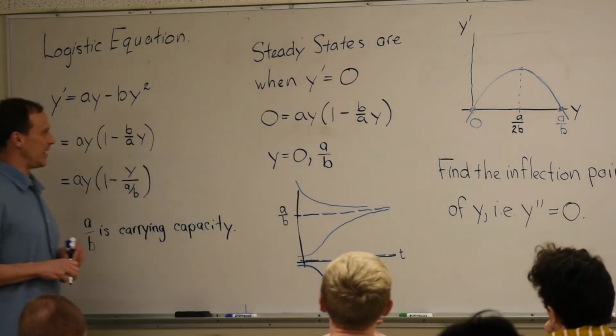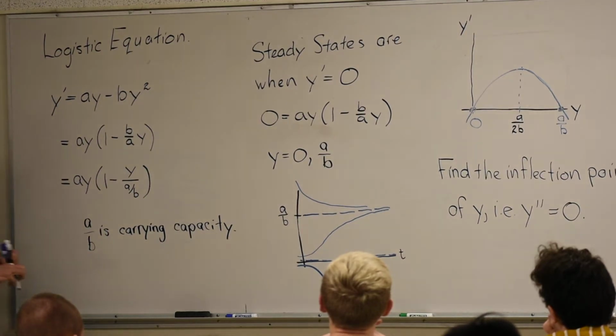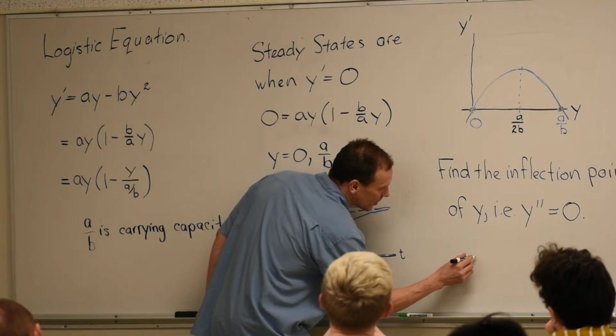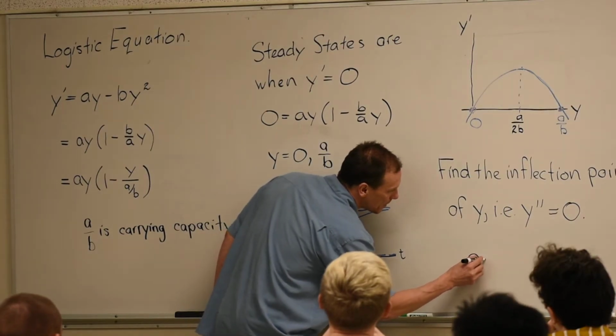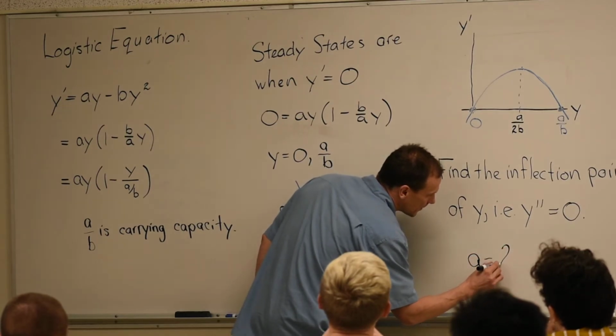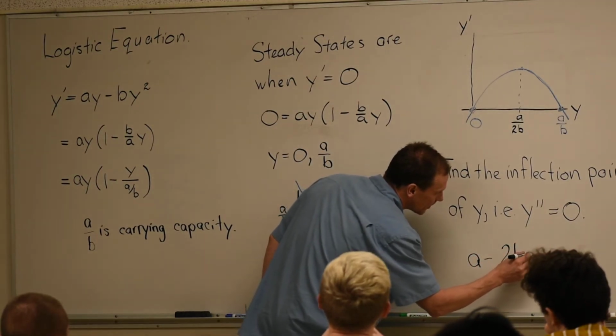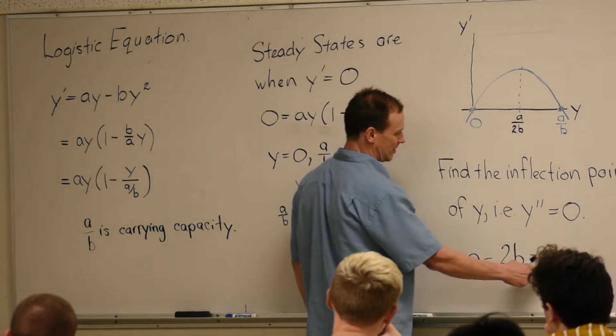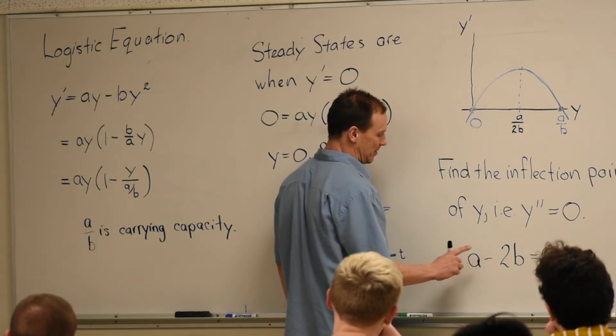Take a moment, solve that. I'm going to do it as well. I'm going to come up with a minus 2b is 0. And let's see, subtract an a, divide by minus 2.